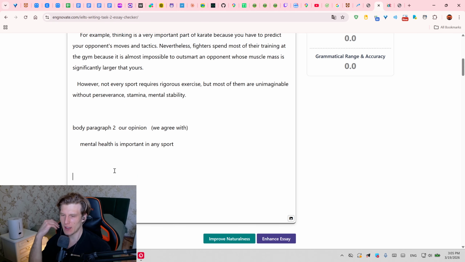Well, mental health is important in any sport. Let's think of examples, like chess, for sure. Okay, the example of chess and football, because what very often happens in football is that if your team is losing, you literally can see how the team spirit is becoming worse and worse.